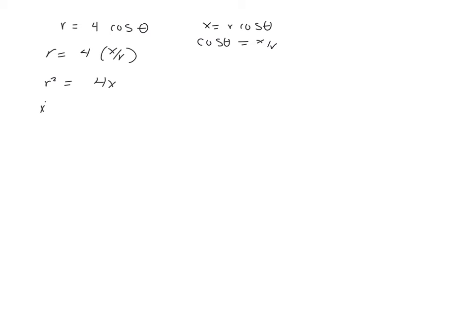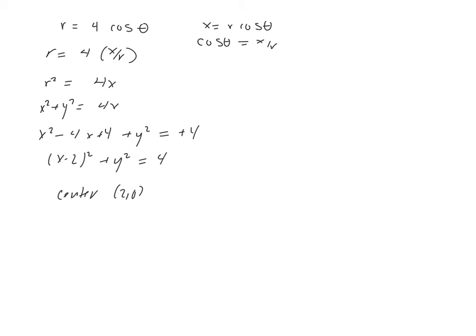R squared is x squared plus y squared. We move the 4x over, and we complete the square by adding 4. So x minus 2 squared plus y squared equals 4. It's a circle with center 2, 0 and radius equal to 2, which is what the picture we had sort of showed us.